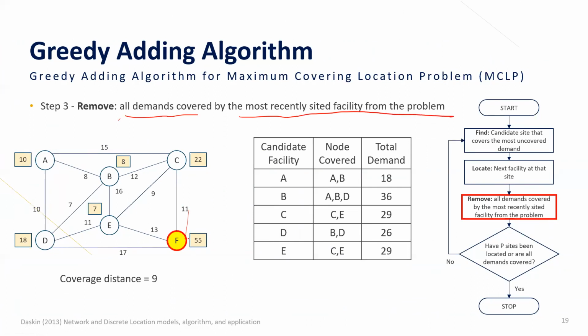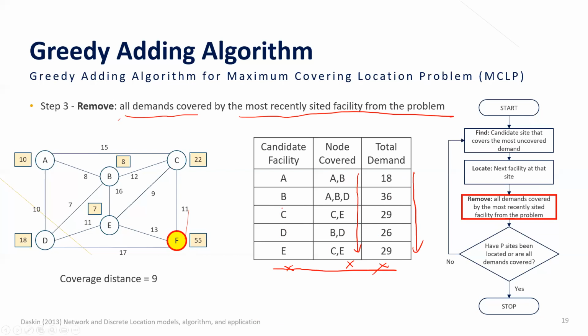Okay, remove all the connections with F. So we take out F here. You can see F is missing from here. And then you update the total demand. The connections are still in place, but the total demand maybe not. But for this one, because we only delete one row, the others don't really get affected.